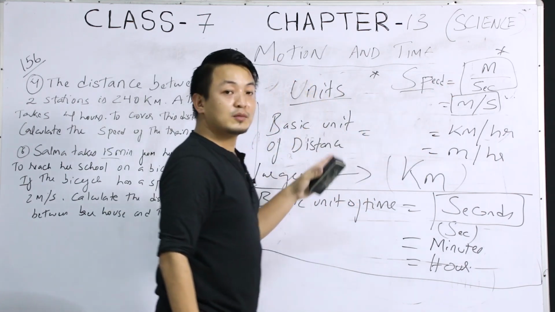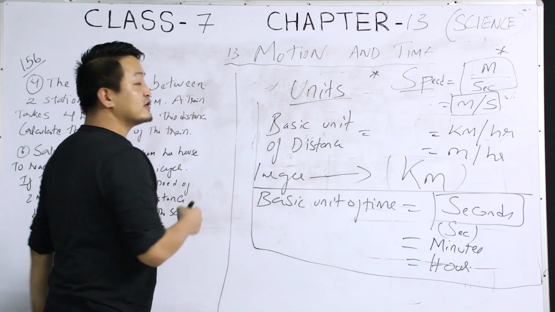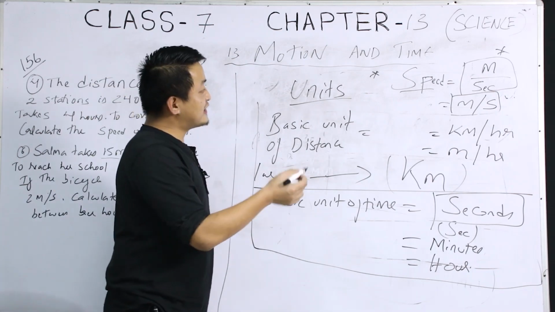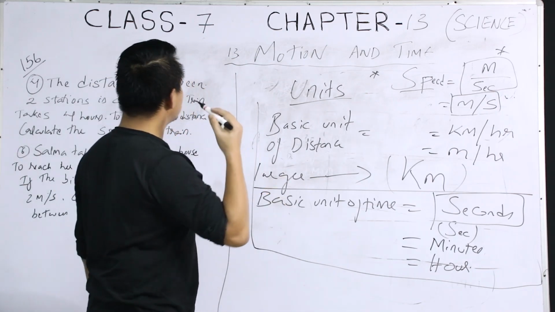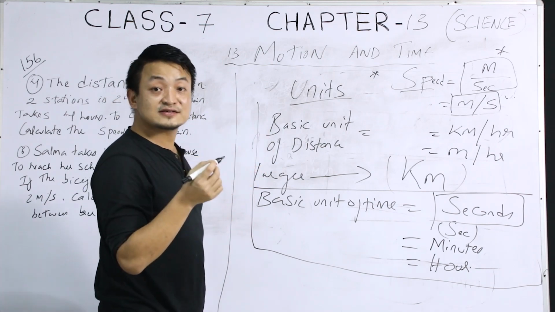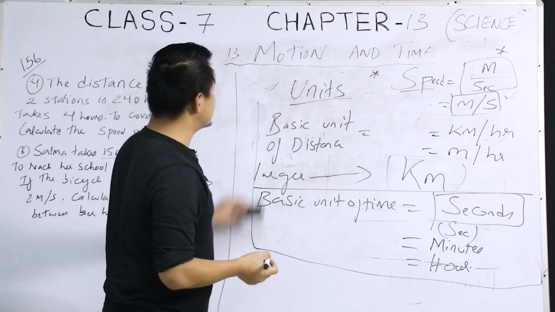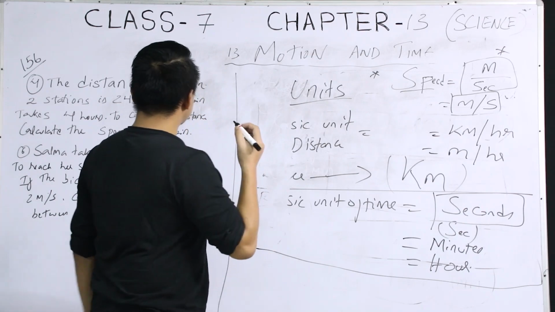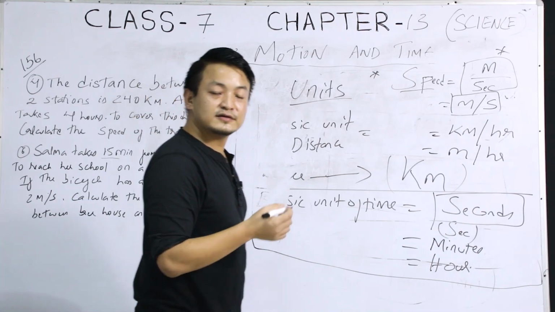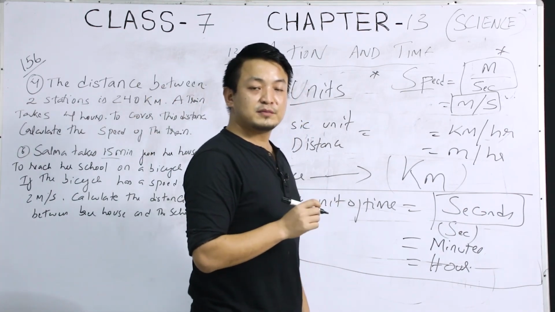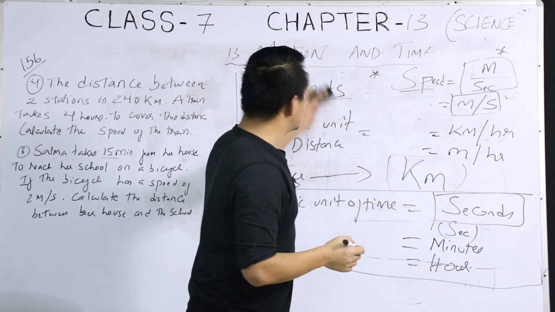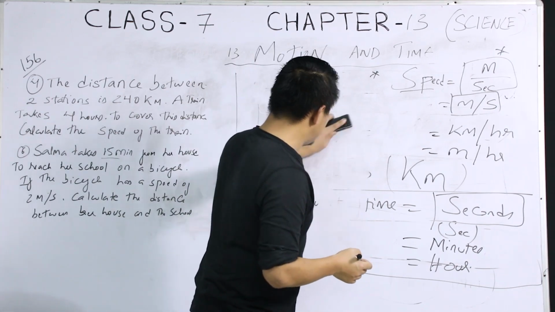So I'm sure you are clear with the formulas we have discussed. Based on these formulas, let's solve a numerical. In your textbook, you can turn to page 156, question number 4. Let's calculate this numerical together. Clear?